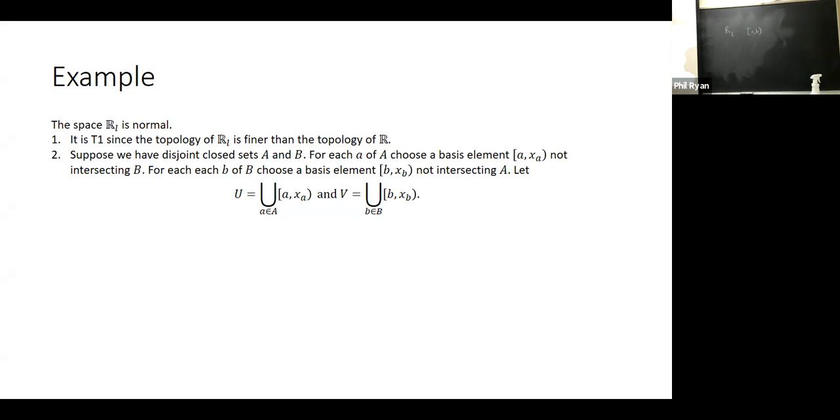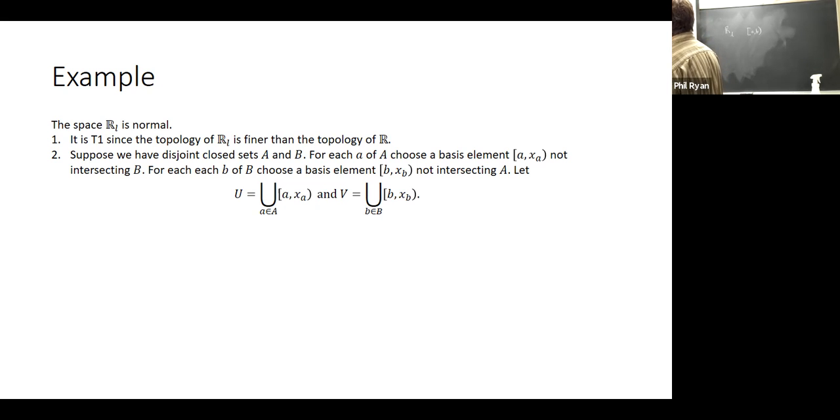It's normal. Why is it normal? Well, firstly, we have to show it's T1. It's T1 because R_L is a finer topology than R. That means that anything that's open in R is open in R_L, and anything that's closed in R is also going to be closed in R_L.